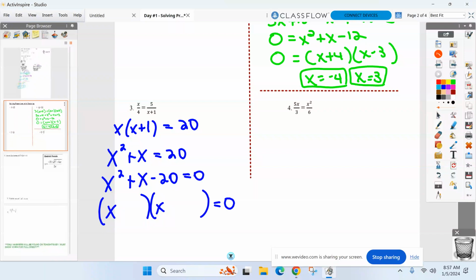And then that number 3, looking for 2 numbers that multiply to negative 20 but add to 1. So think about your numbers that multiply to 20 but could give you a 1 somewhere.